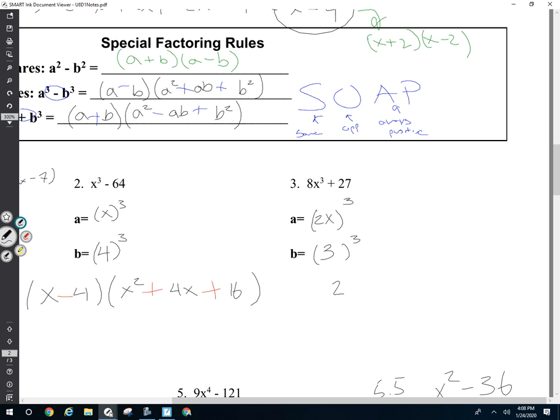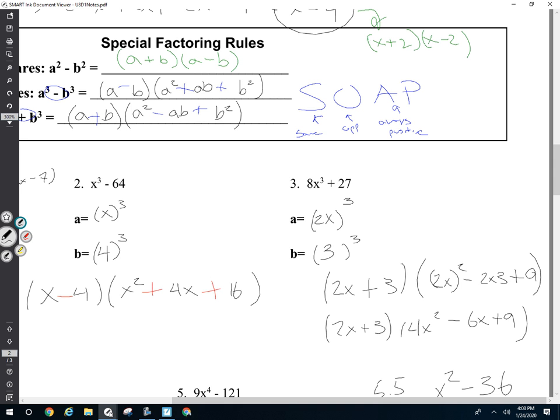Okay. A, B. A squared, A, B, B squared. Same, opposite, always positive. This ends up being 2x plus 3 times 4x squared minus 6x plus 9.